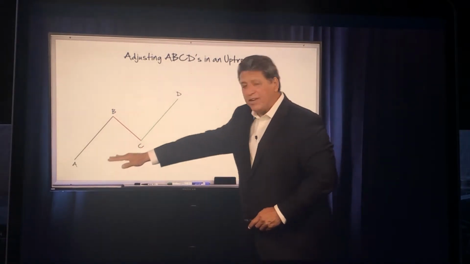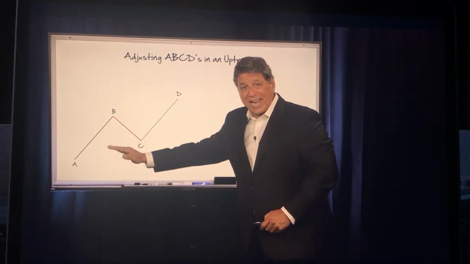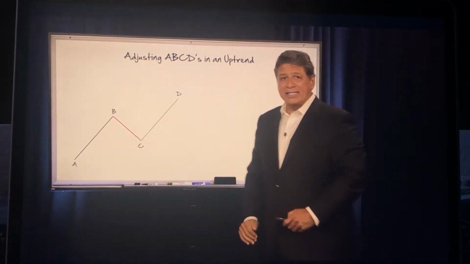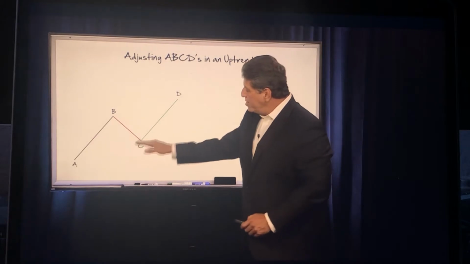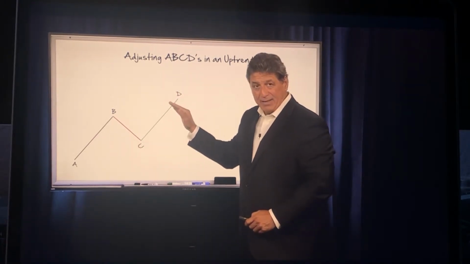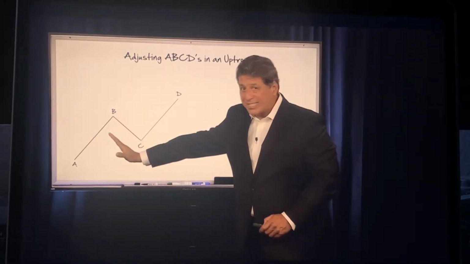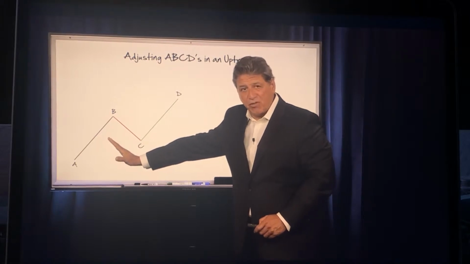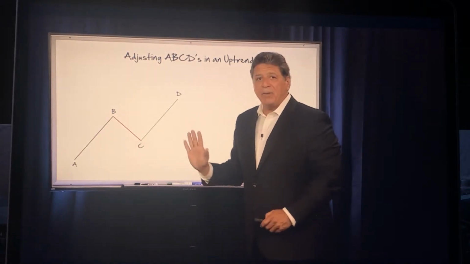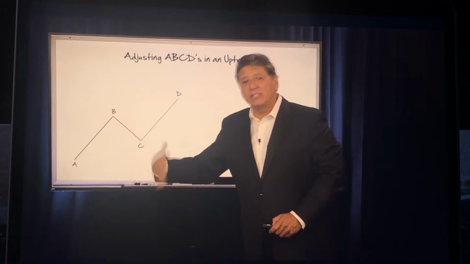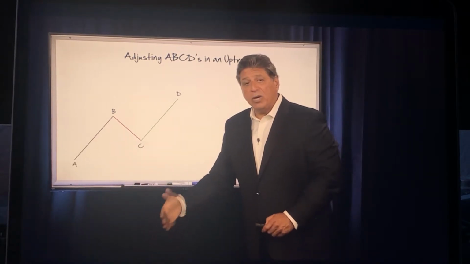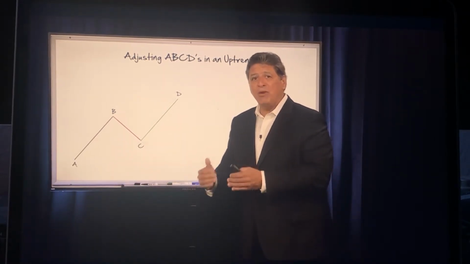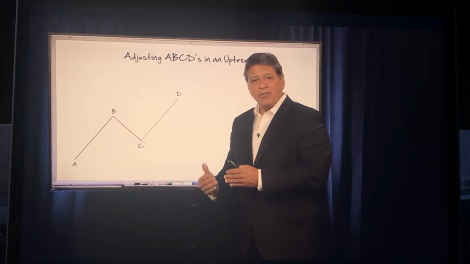And so what we have here is a current A, B, C, D that exists in the market. When the market hits a D, game over. This tennis match is over, okay? And what's going to happen is a new game is going to begin. And I really want you to look at the market this way. It'll help you understand how the market moves.